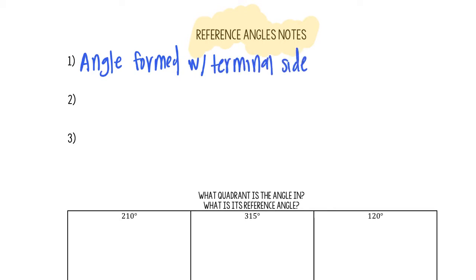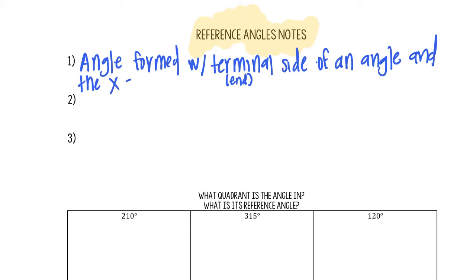Remember, terminal just means end side, the ending side of an angle, and the x-axis. So visually, if you want to visualize what a reference angle is, let's say you have an angle in the first quadrant. The reference angle is the angle that's formed between the inside of the angle and the x-axis.